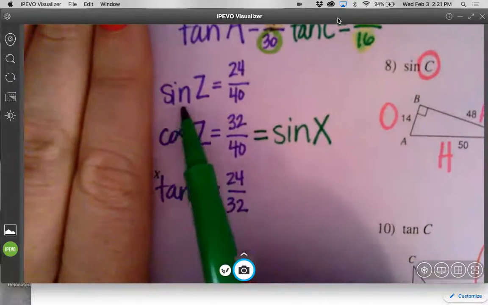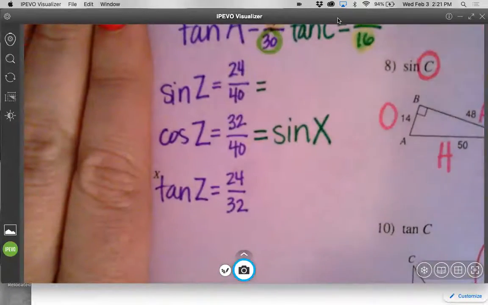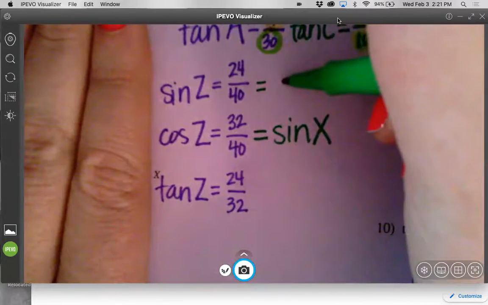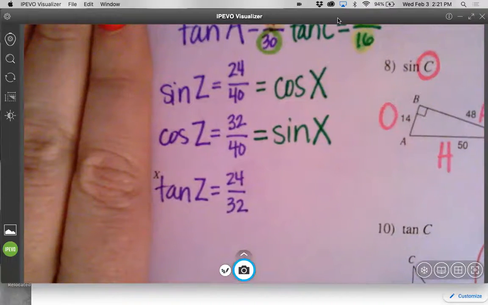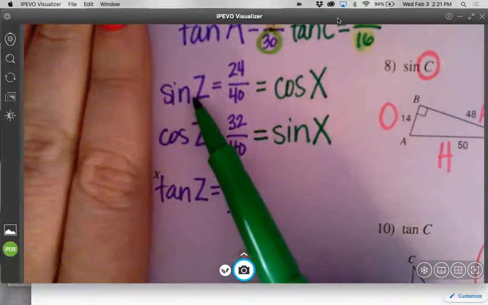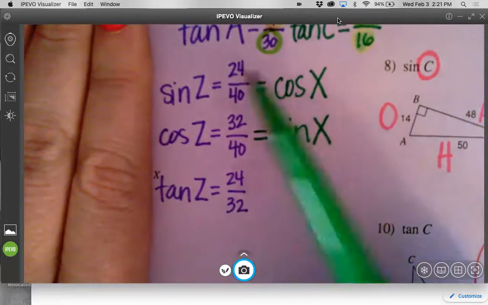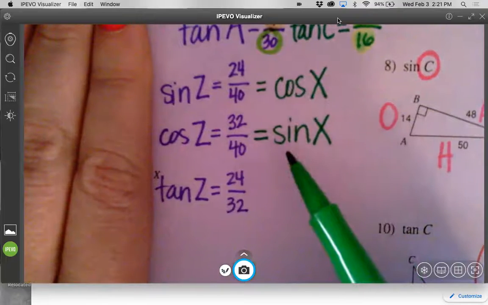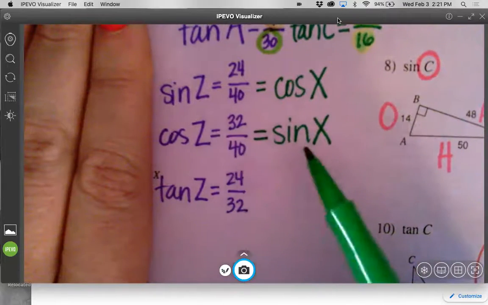So the sine of Z is going to be equal to what other of X? That one. So cosine of X. Okay, so once again, the sine of Z is going to be equal to the cosine of the other, X. So you've got a Z and an X, you've got a sine and a cosine. Same thing down here, you've got X and Z, you've got sine and cosine.